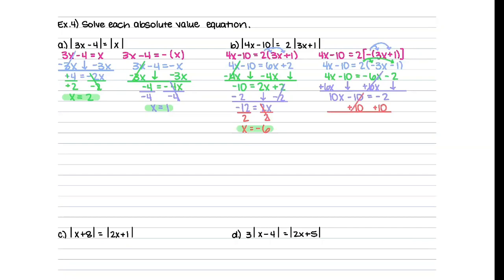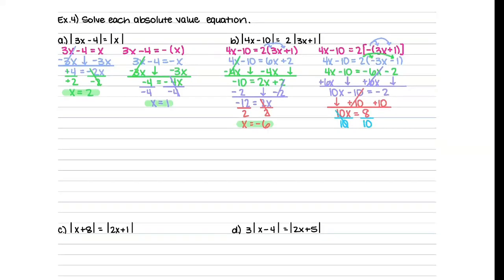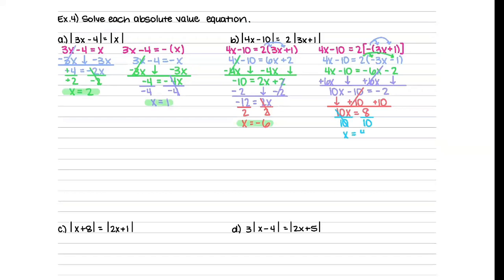My 10's cancel. My 10x drops down. We have 10x is equal to 8. From here, I'm just going to divide each side by the 10 to get x by itself and simplify. And I get that x is 4/5. So my two solutions for this one are negative 6 and 4/5.